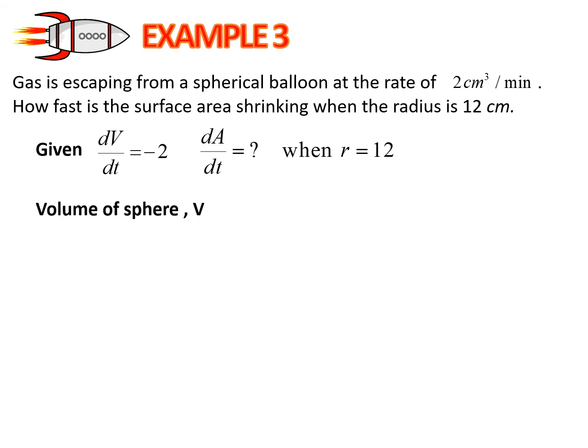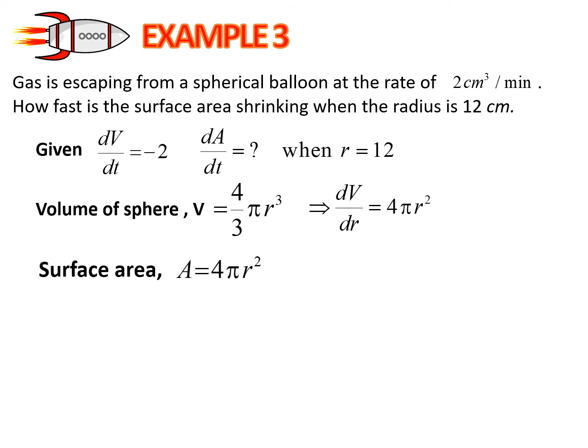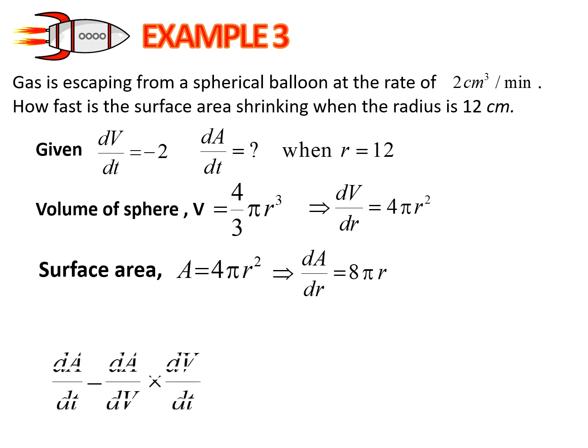Volume of a sphere is V equals 4/3 pi r cubed, so dV/dr equals 4 pi r squared. Surface area of a sphere is A equals 4 pi r squared, then dA/dr equals 8 pi r. We need to find dA/dt.